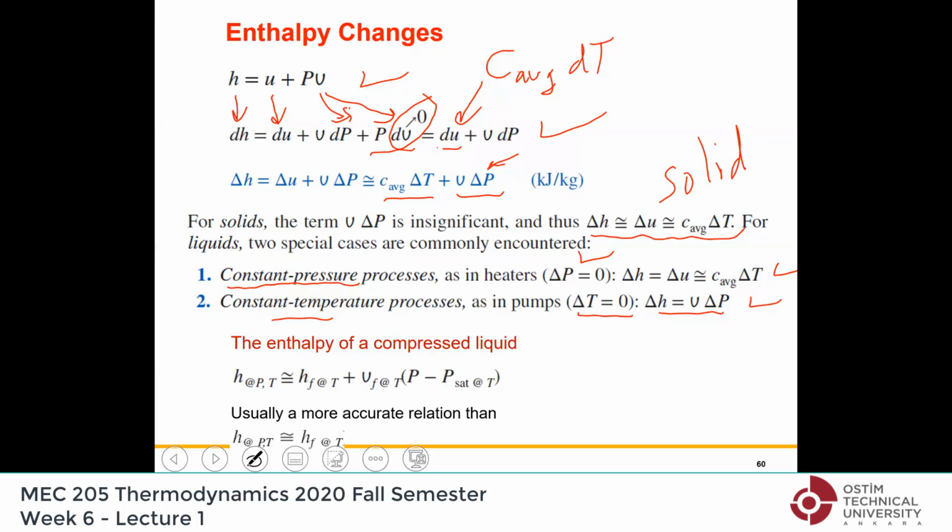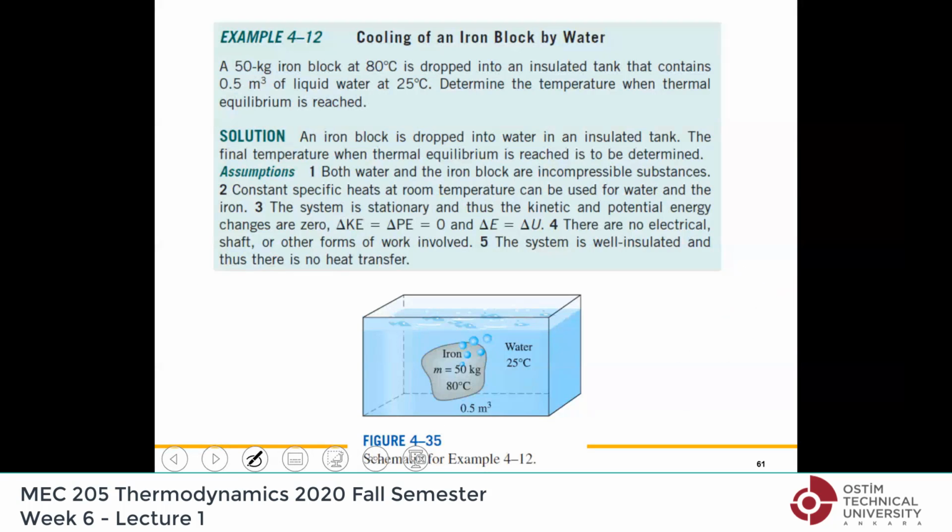If let's say it is constant temperature, it is simply V delta P. We use this in pump work a lot, calculating the pump work. And if the pressure is constant, then delta H and delta U are simply C delta T. I'll show you some examples.